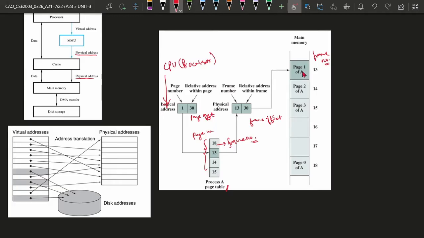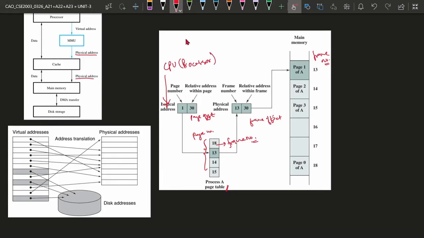Because to find out the physical address, we need the frame number and the relative address within the frame, that is the frame offset. So here page offset and frame offset are always the same. Similar to the mapping case, where the line offset and block offset were the same, here page offset and frame offset will be the same.